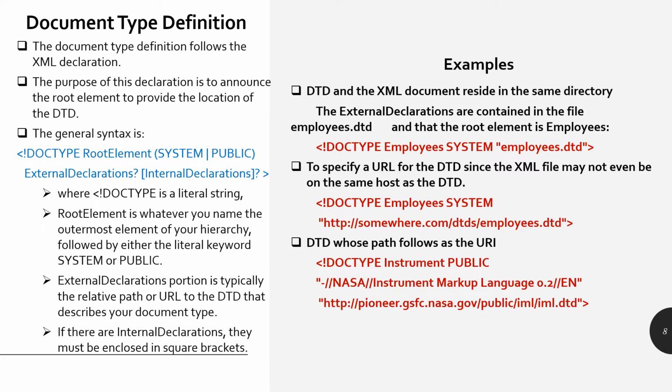In the last slide, we discussed the declaration part, which is in the first line, and here we are going to discuss the document type definition. This should come in the second line. The purpose of this declaration is to announce the root element and to provide the location of the DTD.